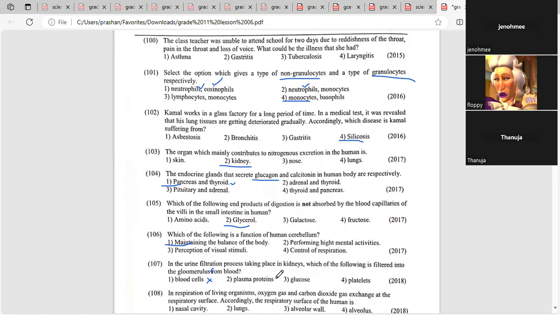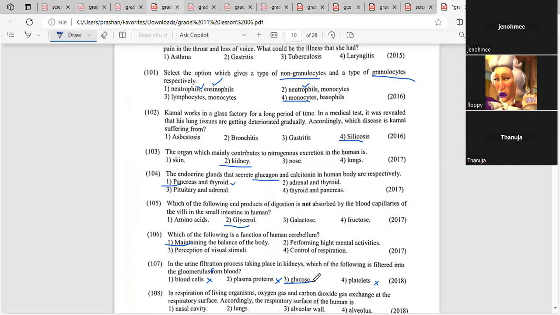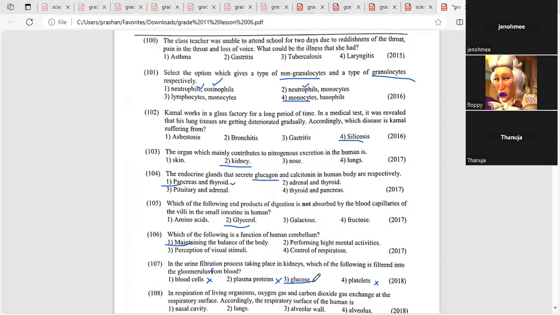Plasma protein? No. Platelets? No. Therefore, the correct answer is glucose. Glucose is filtered and reabsorbed.